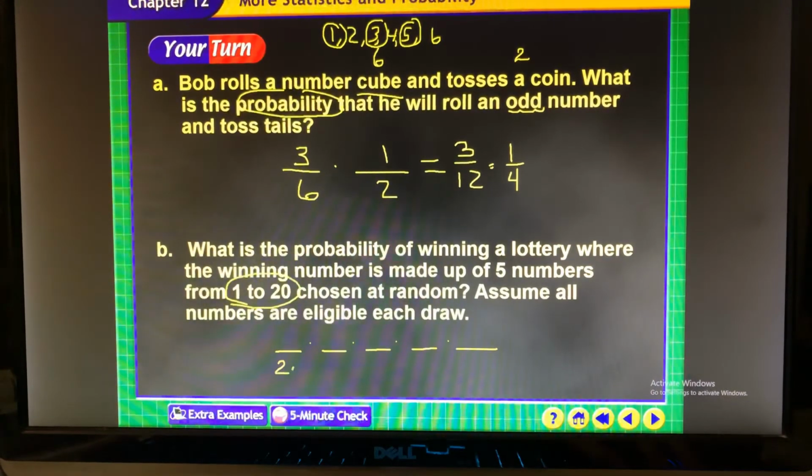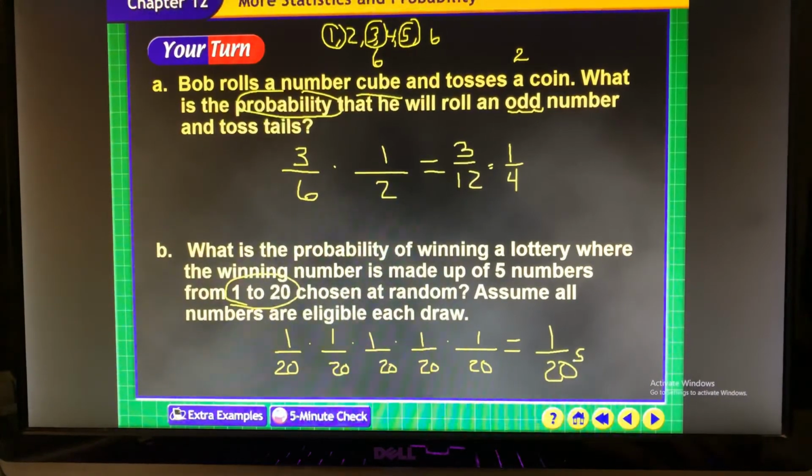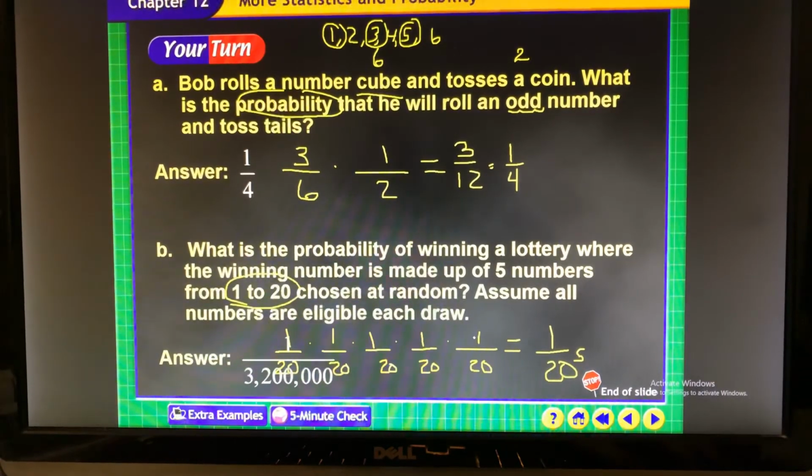That makes 20 numbers to choose from. The probability that they chose your first number is 1 over 20. The probability of the second, third, fourth, fifth becomes 1 over 20 to the 5th power, or 1 in 3,200,000 chances of you winning that lottery ticket.